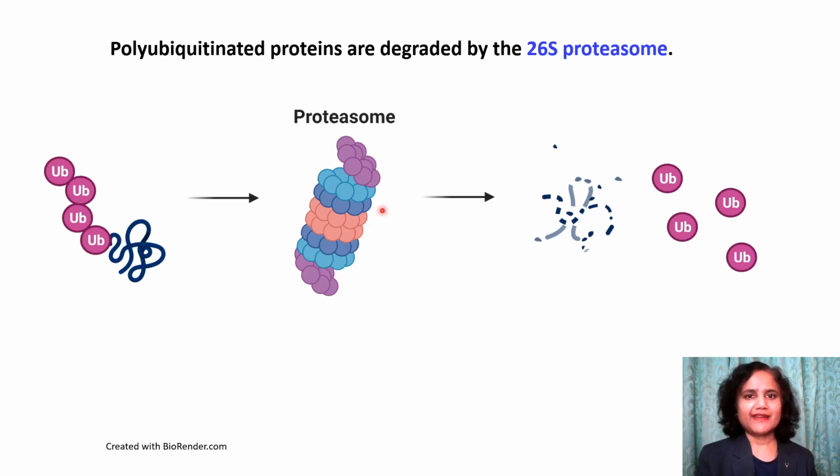So this is a very large multi-subunit complex, and it's actually got protease activity that degrades the proteins which are tagged by ubiquitin. And the end product of this is that the protein gets degraded into small segments, polypeptides.